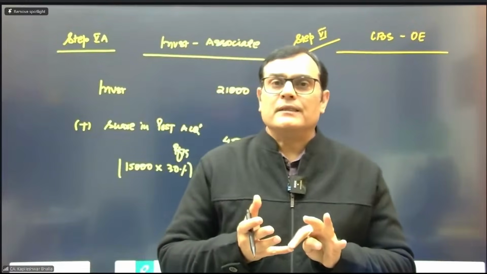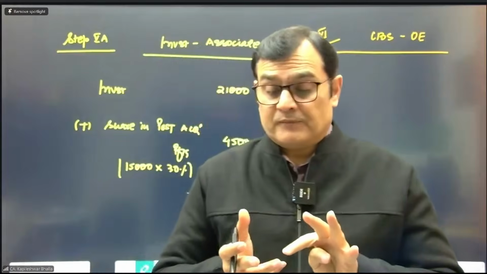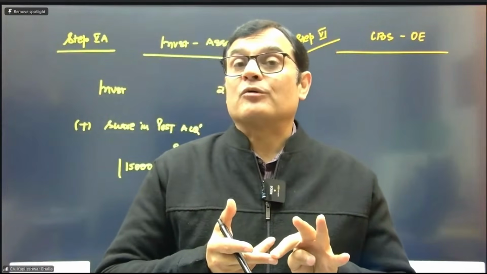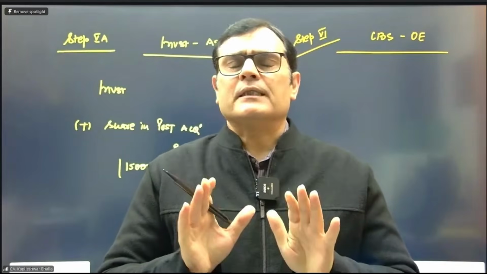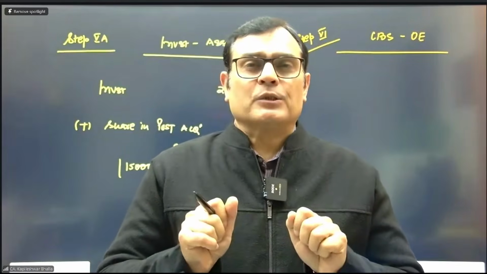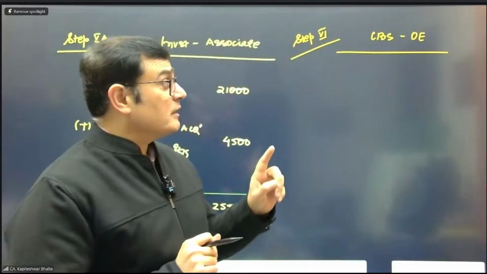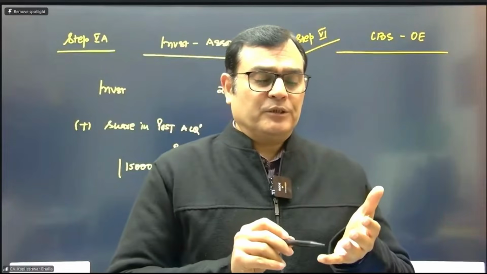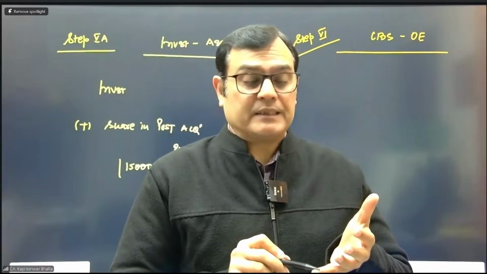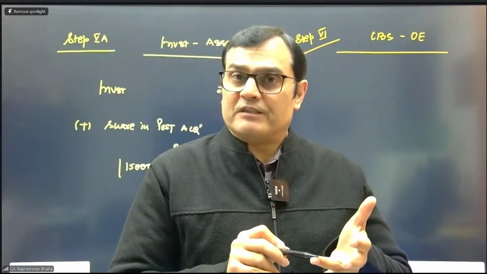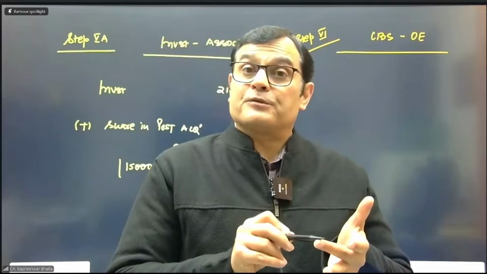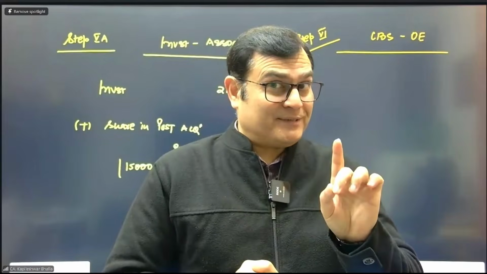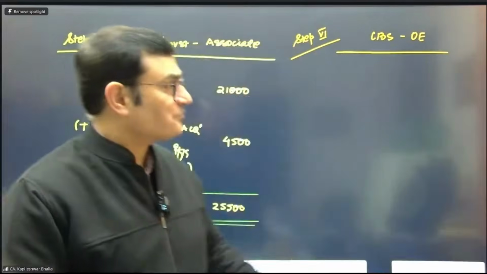So one is the post-acquisition profits, one is the goodwill or the investment impairment, and one is the stock reserve, which is upstream in both the cases, right? So in this particular case, though in associate, it will be down and up both. So the focus points will remain the same: you need to consider the share in post-acquisition profits, you need to consider the goodwill or the investment impairment, and the stock reserve, upstream for a subsidiary, but it's going to be down and upstream for associate, because that hits the other equity.